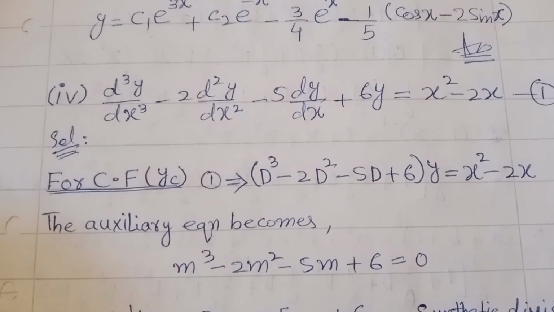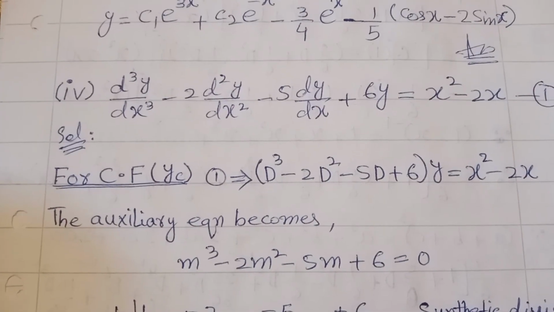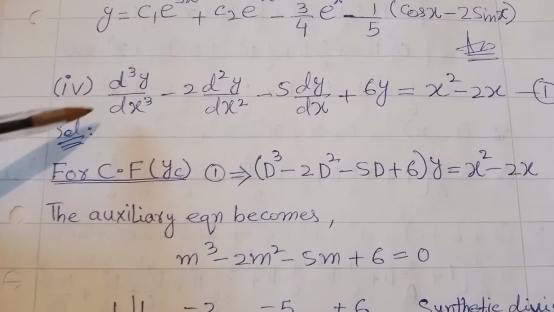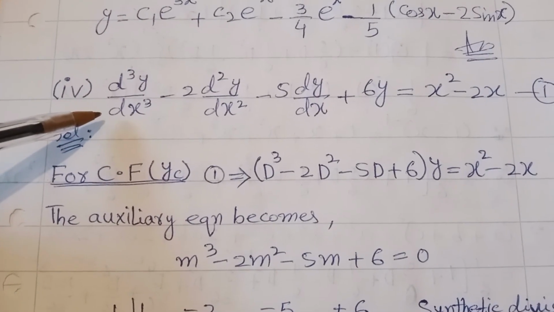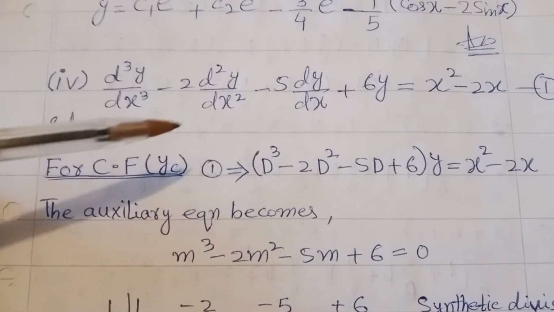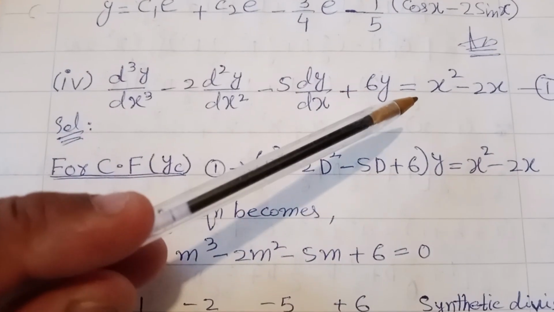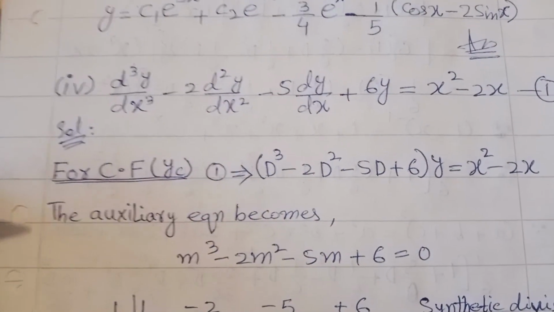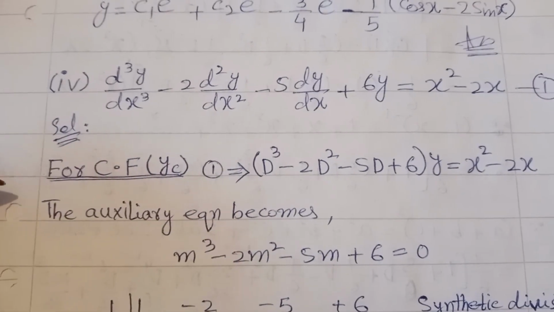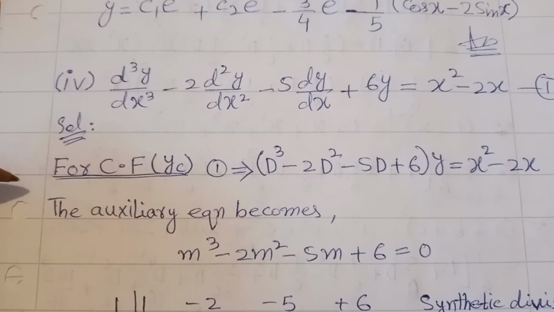So for more clarification, I am taking here a third order differential equation, that is d3y upon dx cube minus 2 d2y upon dx square minus 5 dy upon dx plus 6y is equal to x square minus 2x. So as usual, first we will find the complementary function, that is yc.